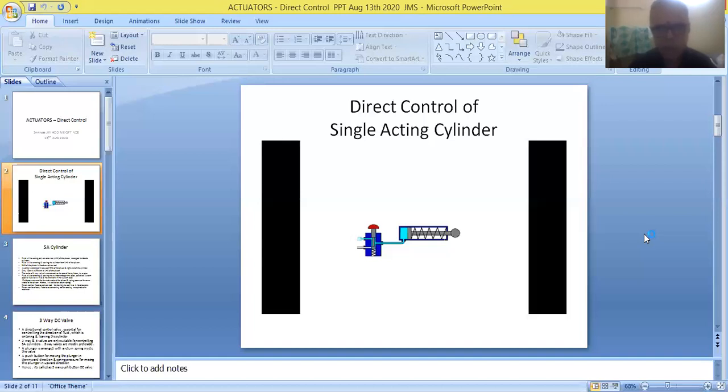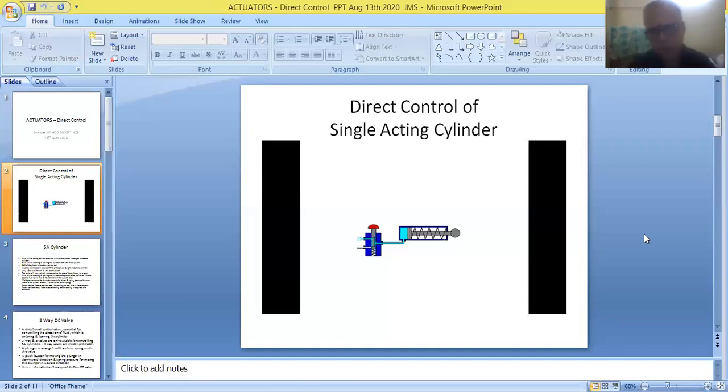And secondly, sometimes the piston is directly connected to a connecting rod mechanism. So using this mechanism, this cylinder can also be used for rotating the spindle of the machine. That means the connecting rod will be converting reciprocating motion of the piston into rotary motion of the spindle.